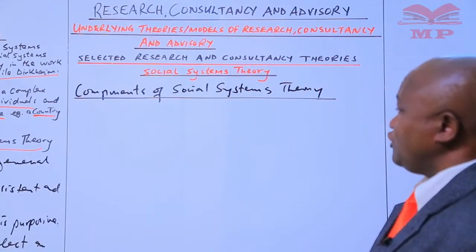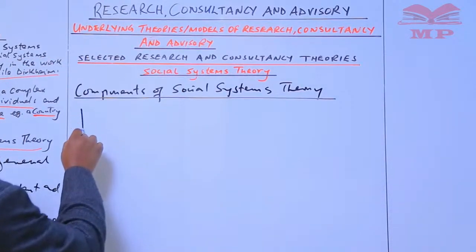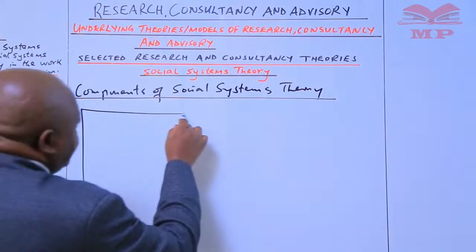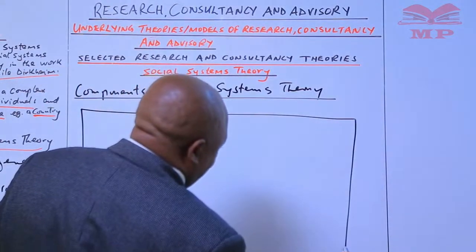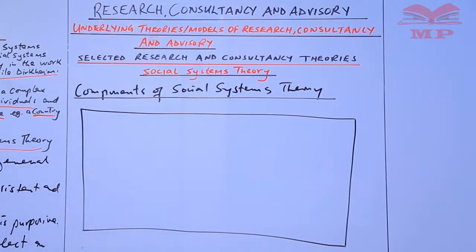So the components of a social system can be seen in a display figure. It can be displayed such that you have a diagram that indicates the components of a social system.